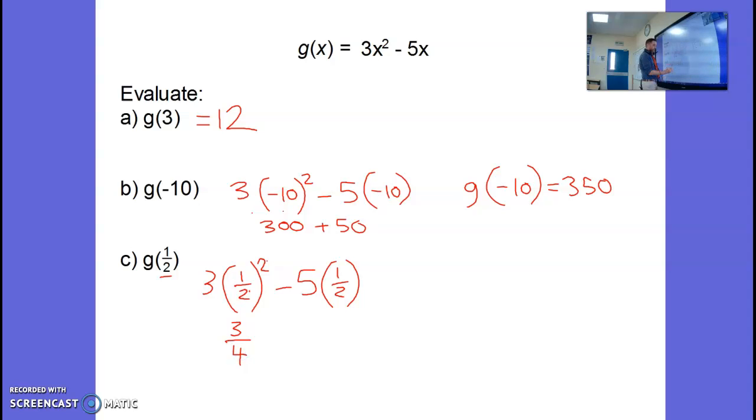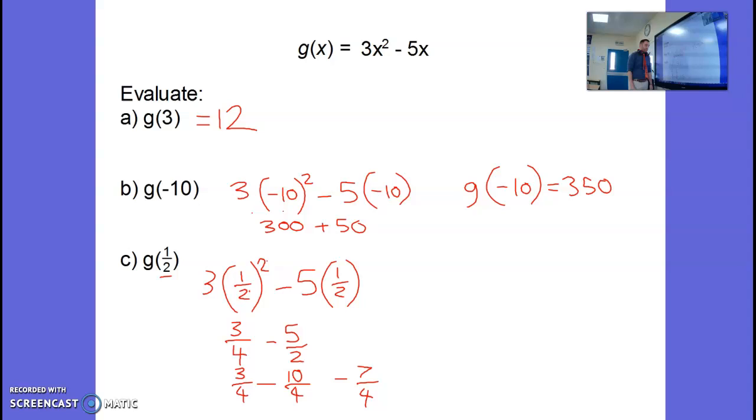Then minus 5 times a half is minus 5 halves. And then if I want to tidy that up, let's make the bottoms the same because we've got fractions here. So we'll make that 10 over 4. And this one's 3 over 4. 3 quarters minus 10 quarters. Well, 3 minus 10 is negative 7 quarters.